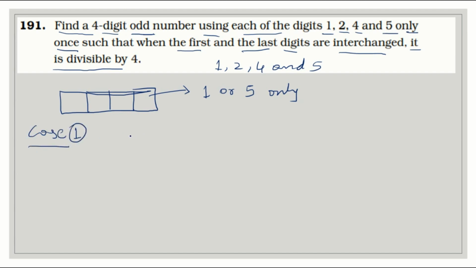Case 1, where the 4-digit number ends in 1. That means the other 3 digits, 2, 4, 5, any can come here. Now, we have case number 2, where the units place digit is 5.